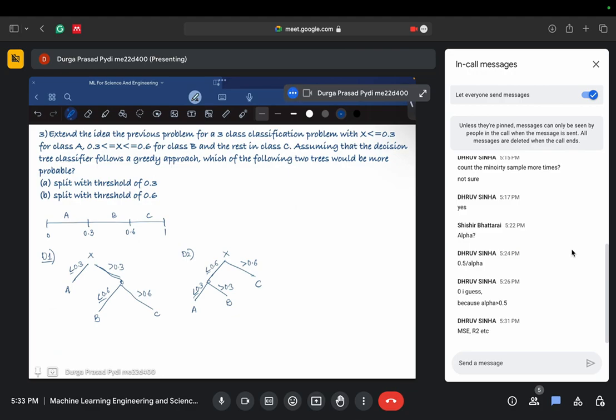So if you use a greedy approach, which one of these 2 will be the solution? A split with a threshold of 0.3, let's say this is my A and this is my B. So out of these 2 trees, which one will be the answer?